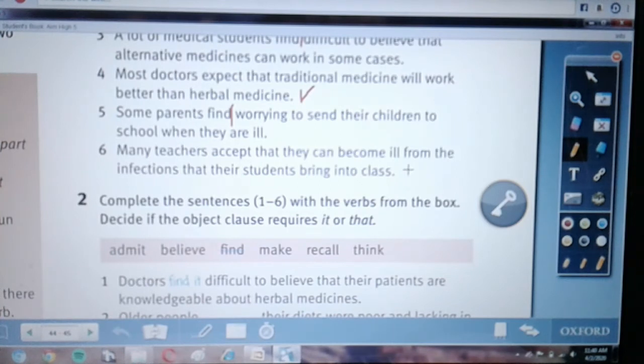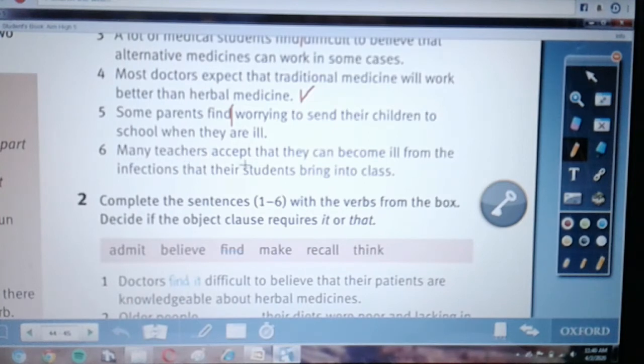Okay, next. This will be the last one from the first part, of course. Many teachers accept that they can become ill from the infections that their students bring into class. Is it necessary to put it on this sentence? Let's try to add it, okay?